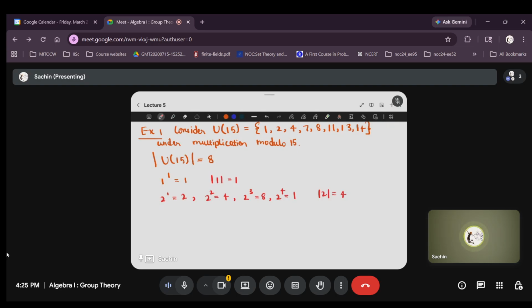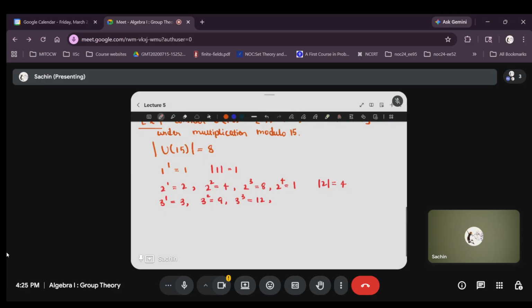If you take the number 3, then 3 power 1 is 3. 3 square is 9. 3 cube is 27, which is 12 in modulo 15. 3 power 4 is 3 into 12, 36, which is 6. 3 power 5 is 3.